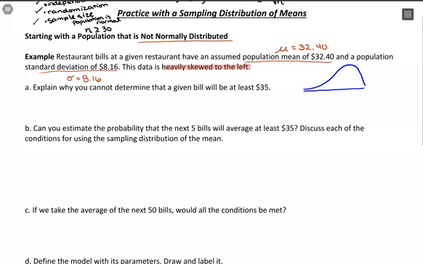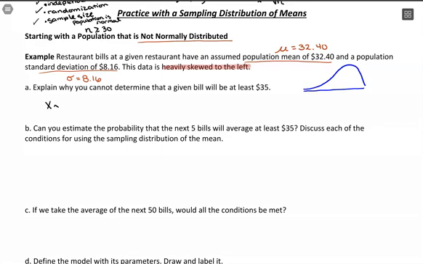Explain why you cannot determine that a given bill will be at least $35. So we know what we expect for the mean, we know what we expect for the standard deviation, so why can't we find a probability? Finding probability, we can only do this with a normal distribution.